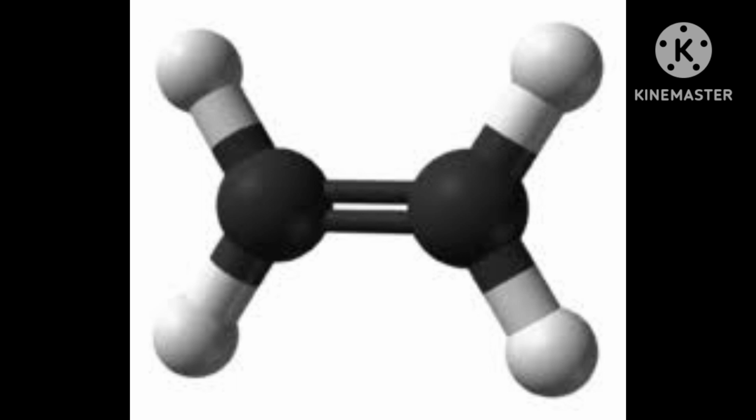That's why repulsion will be less. Thus there are minimum repulsive forces, minimum energy and maximum stability. Keep in mind, if energy is minimum, then stability will be more in any molecule.